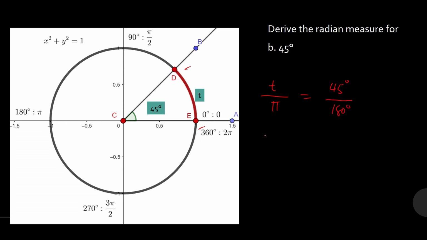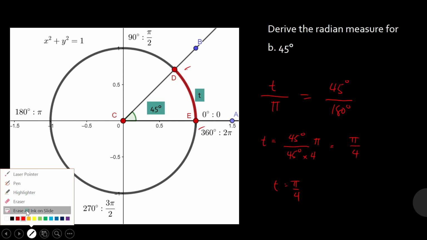Solve for T. So the equivalent radian measure of a 45-degree angle is pi over 4.